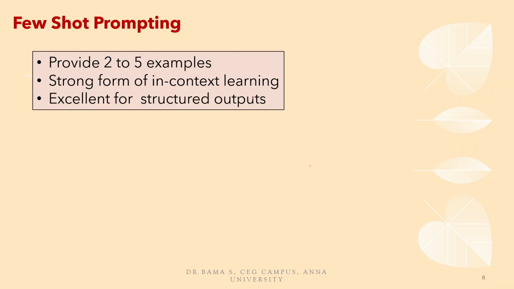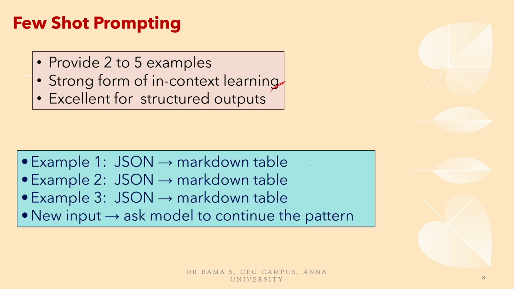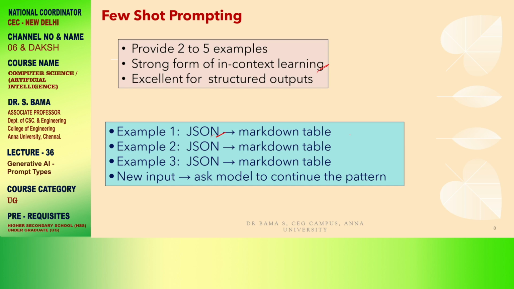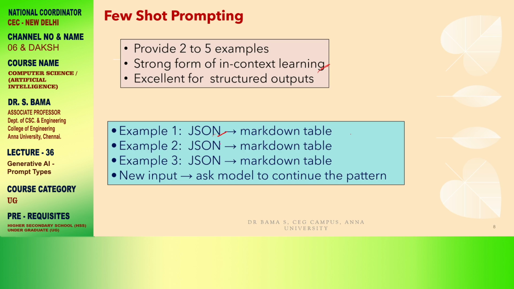Few shot prompting is an extension of one shot prompting, where we will have more examples coming into the picture. This is a form of in context learning, and suppose we want only structured output, we will be using few shot prompting. Say one example is some JSON which is actually incorrect JSON. JSON is a format we use to give as an input or provide as an output from an LLM. So JSON is one type of input, similar to CSV.